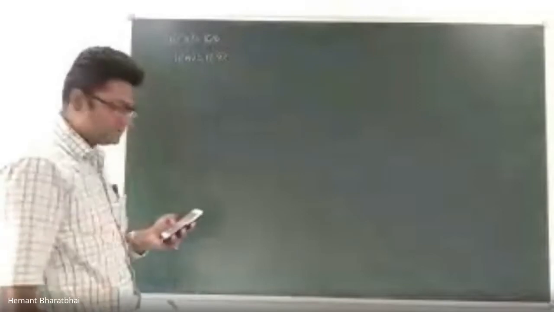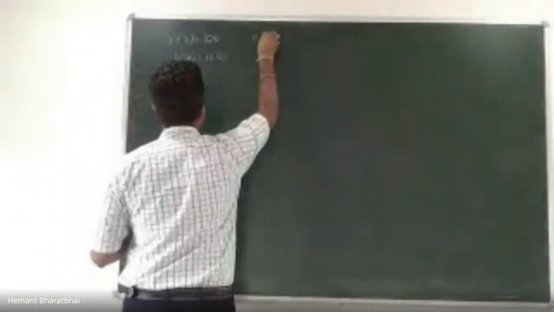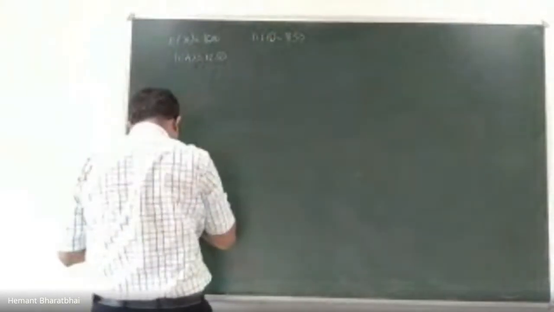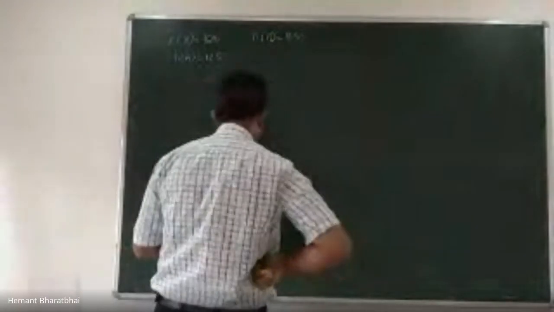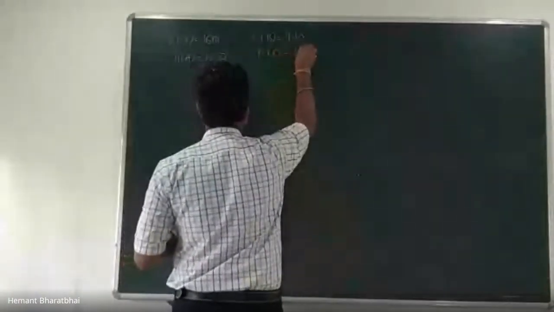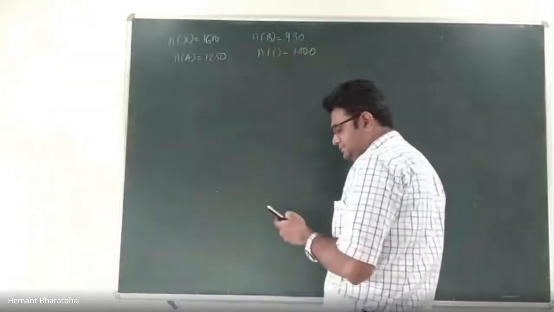The product B was liked by 930 people. The number of people liking product B is 930. The product C was liked by 1000. So the number of people liking product C is 1000.